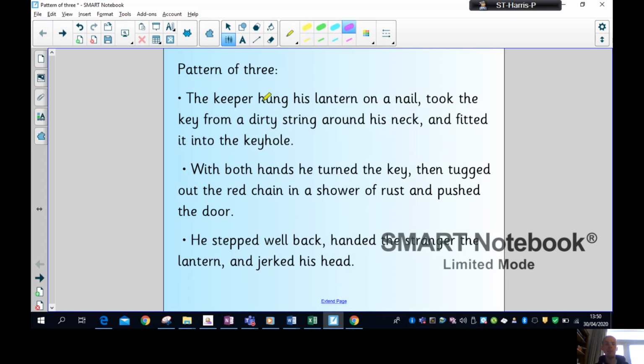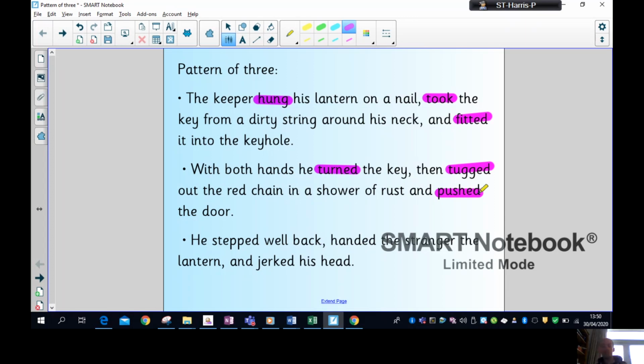So in the first sentence, we have the keeper hung his lantern on a nail, took the key from a dirty string around his neck, and fitted it into the keyhole. Pattern of three: hung, took, fitted. With both hands, he turned the key, tugged at the red chain in a shower of rust, and pushed the door.